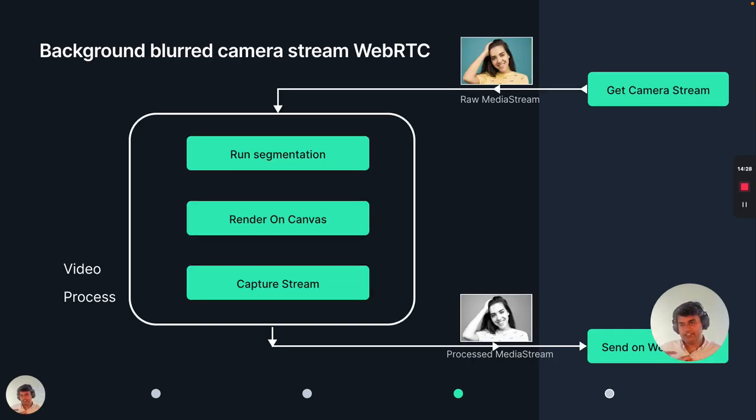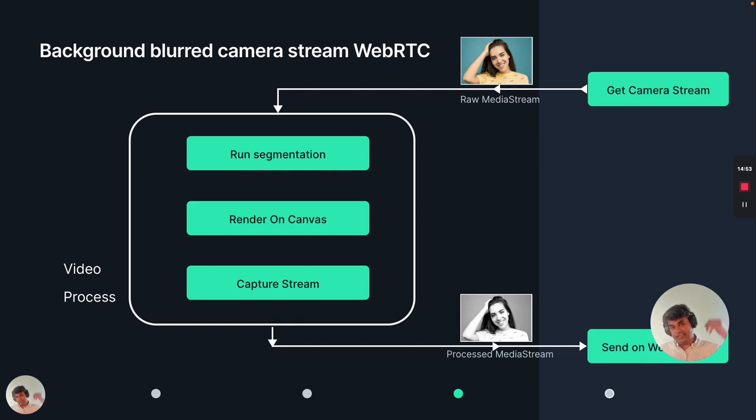Instead, we'll just change that process a little bit, where we take that camera stream, we'll run this video process in that, we'll take that raw camera image, the image frame, we'll run segmentation on it. We'll have our render on canvas method that we just talked about. Then we'll capture a stream from that.